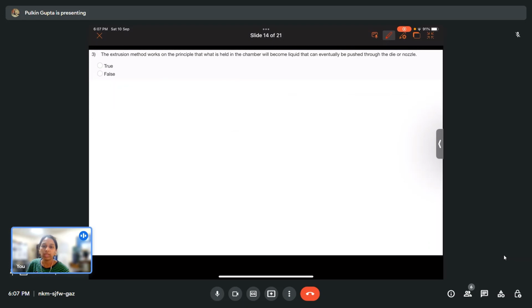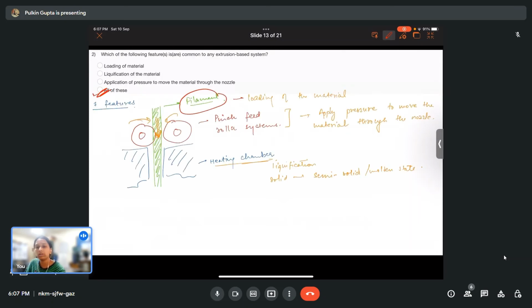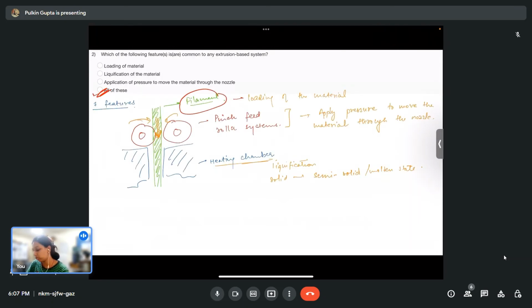Question 3: the extrusion method works on the principle that what is held in the chamber will become liquid that can eventually be pushed through the die or the nozzle. Moving to the schematic I drew for question 2, this is an extrusion based system, and it indeed uses a heating chamber that allows for the liquefaction of the material. Once the material is in a semi-solid or molten state, only then can it be extruded.